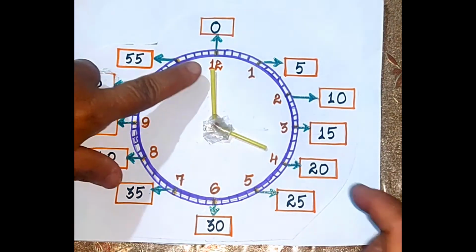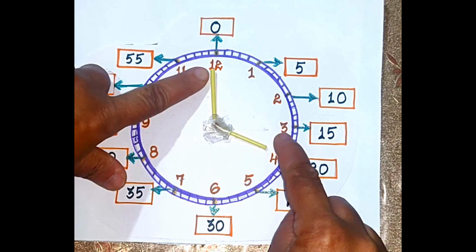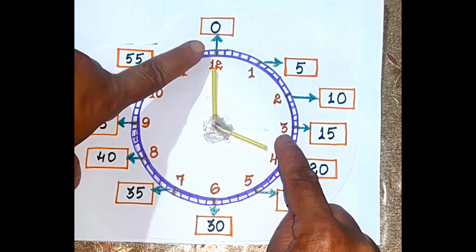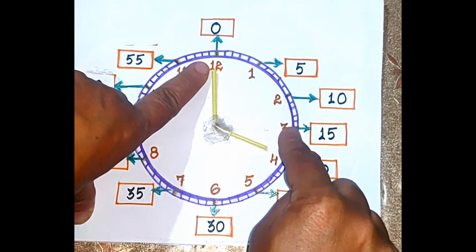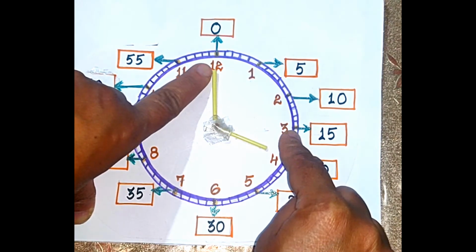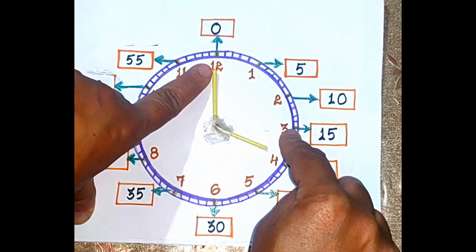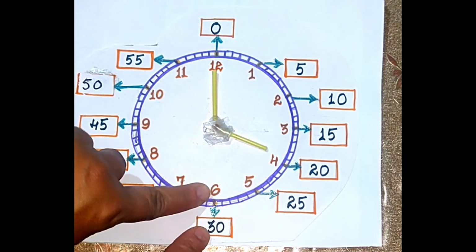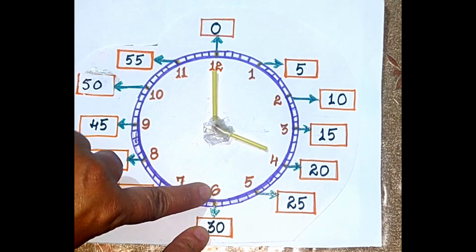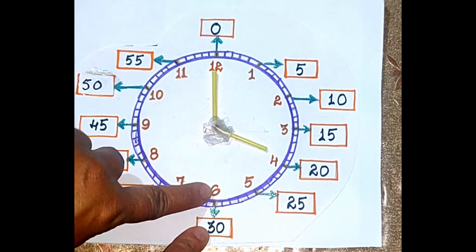So you got it? When the minute hand is at 3, it is said 3:15, quarter past 3. What do we say? Quarter past 3. And when the minute hand is on 6, that is 30 minutes past. So what do we say? The time is 3:30 and half past 3.